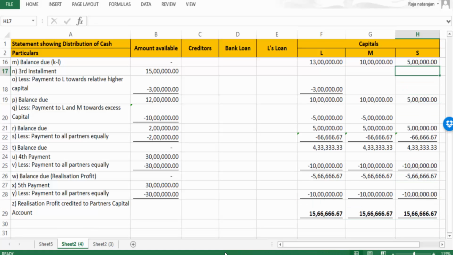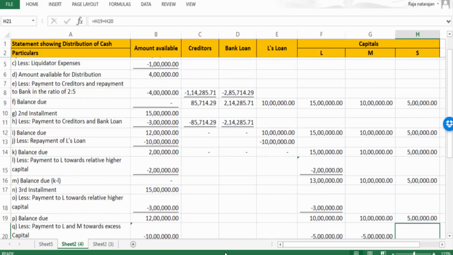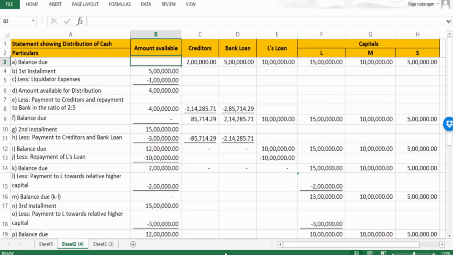So in this way we have prepared this comprehensive statement where we have made the distribution of cash of all the installments: first, second, third, fourth, fifth. The first installment has been used for settling the creditors and bank loan in their lending or borrowed ratio itself.